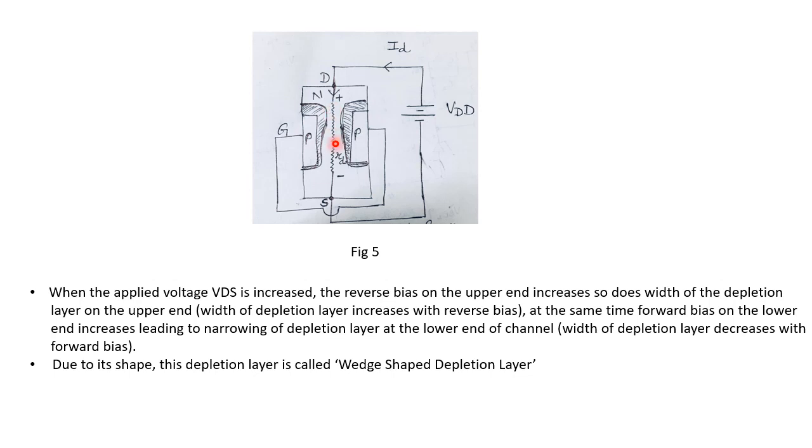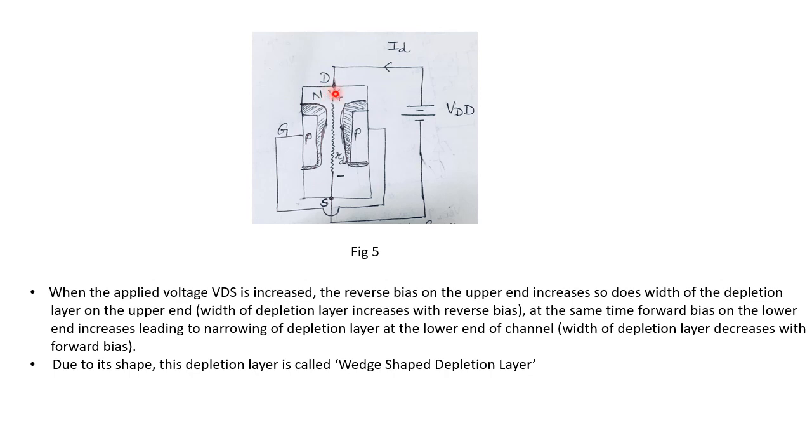Suppose this channel resistance is RD, because whenever a current is flowing in a particular semiconductor or a metal, it faces some opposition or resistance. Suppose the channel resistance is RD and this is the direction of flow of positive charge. So some potential drop will be produced across this resistance, as we are considering the conventional current.